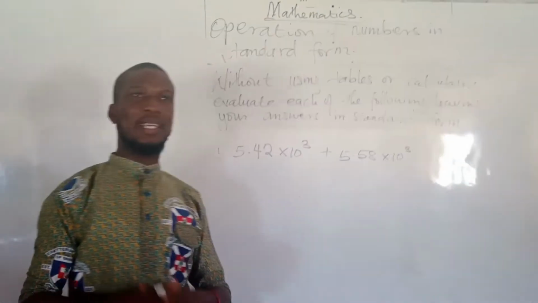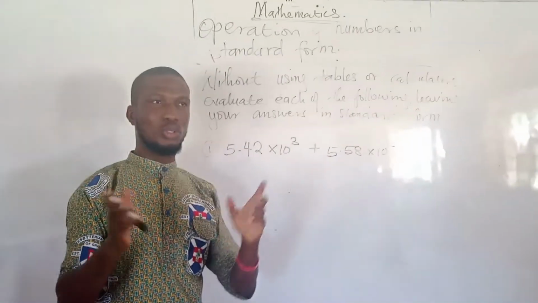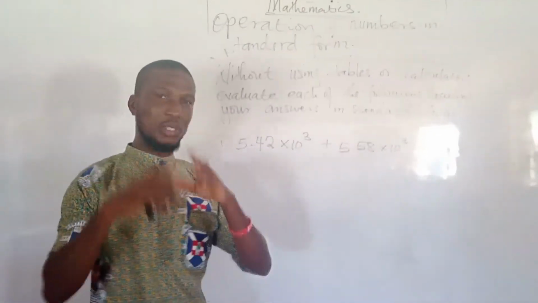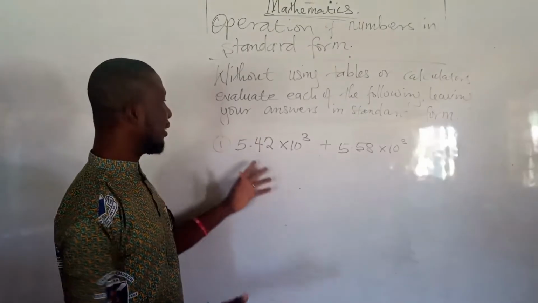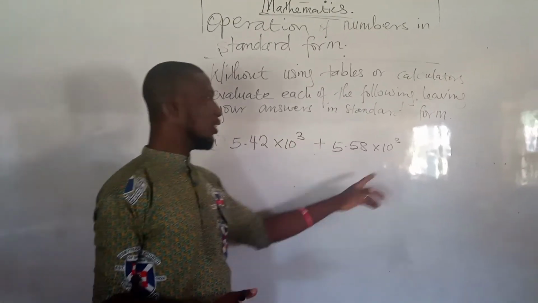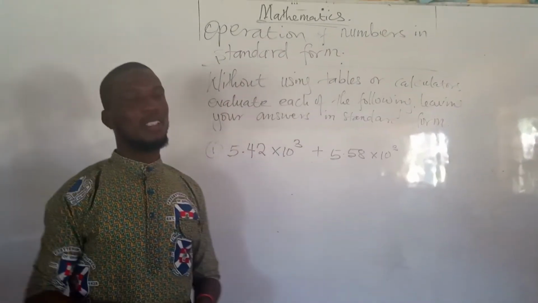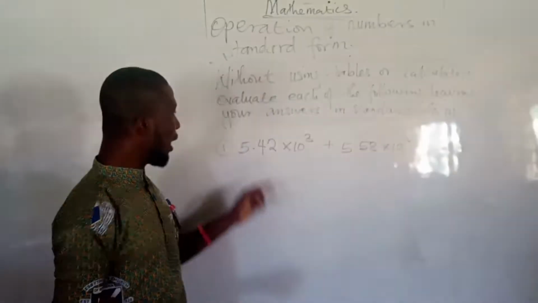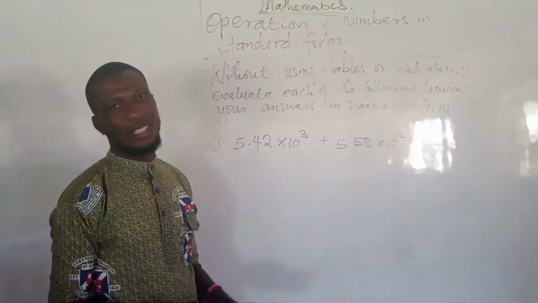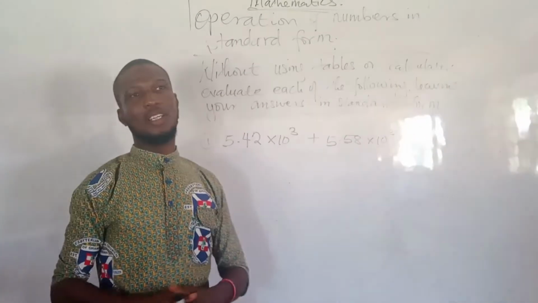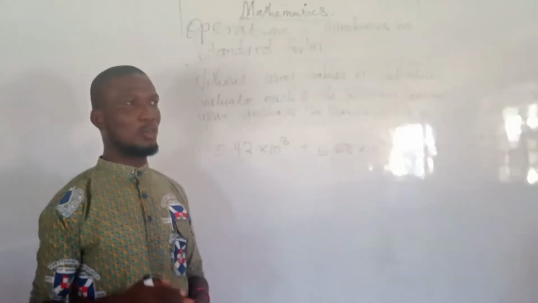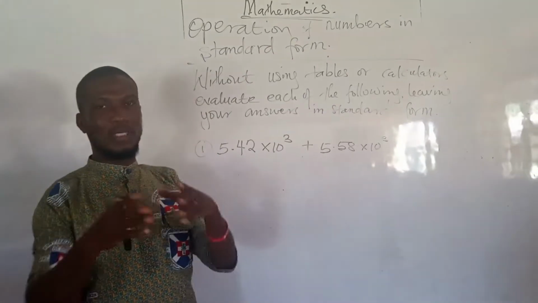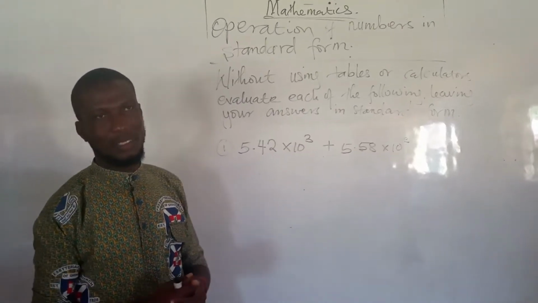When the exponent of the 10 in the 2 terms are the same like this case, this is 10 exponent 3, this is also 10 exponent 3, the easiest and the shortest thing for us to do is to add the 2 numbers and then keep one of the exponents. If our answer is not in standard form, we convert the result from the addition to standard form, and then we evaluate our final answer.